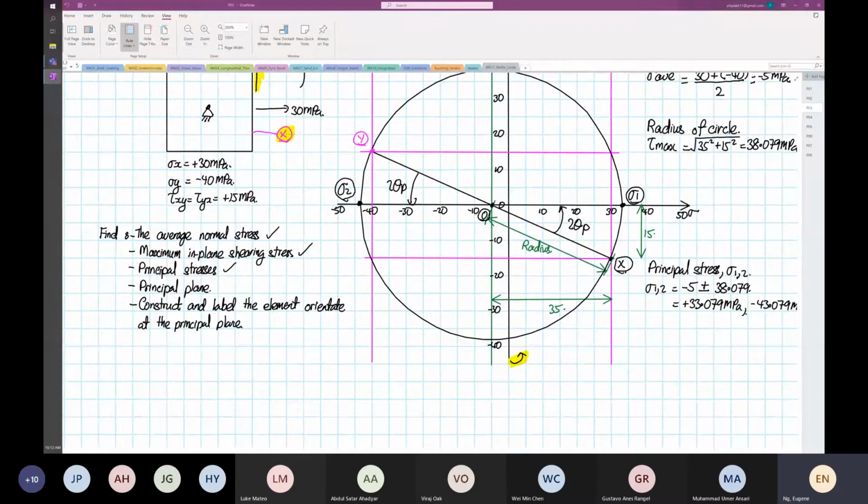That's the definition of principal stress. So from here, we know that tangent 2 theta P will be equal to 15 divided by 35. So 2 theta P, the inverse tangent of 15 divided by 35, is equal to 23.2 degrees.